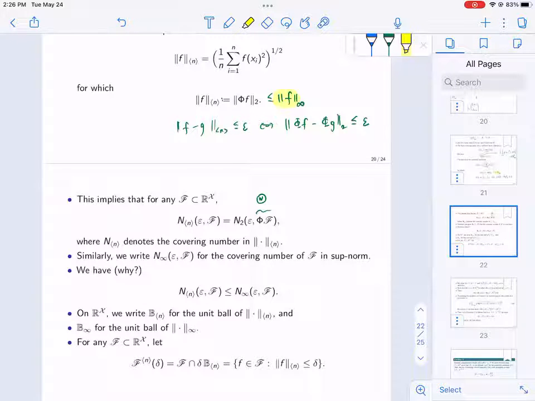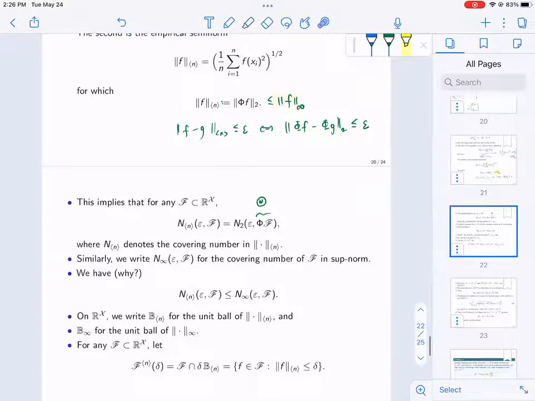If I have a covering in the sup norm, it means that for every f there exists some g such that f minus g in sup norm is less than epsilon, then it means that f minus g in the empirical norm is also less than epsilon. So any epsilon covering in sup norm would be automatically an empirical norm covering.